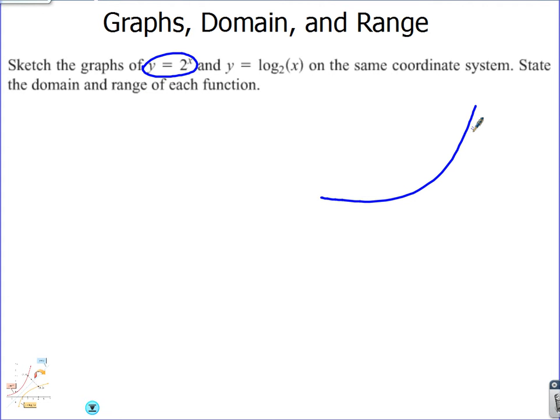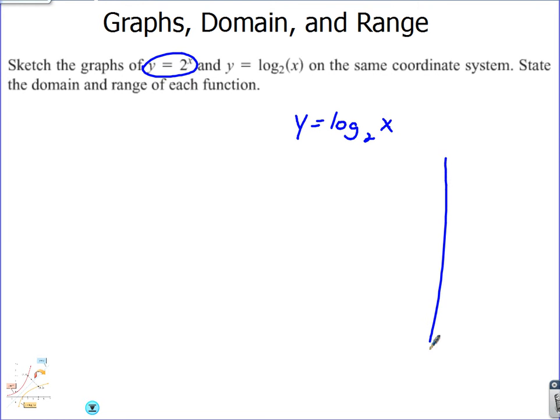We did those. Now, what about log base 2 of x? Y equals log base 2 of x. That's going to be a fun graph, right? How long are we going to graph that? What would you do? Would you plug in x's?